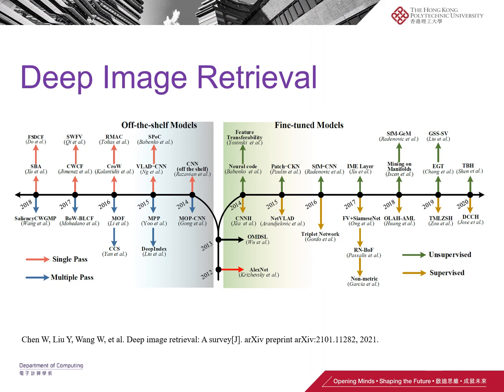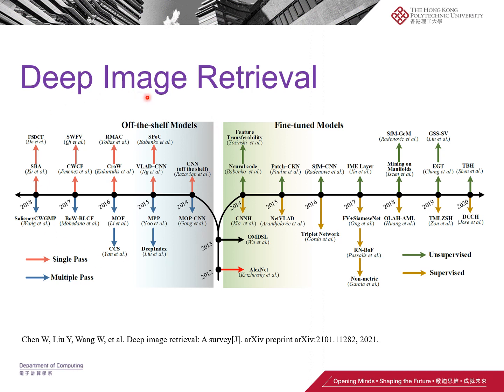And actually, due to the time limitation, we cannot introduce all the methods for deep image retrieval. There is a survey you can look at. Basically, as I have introduced, there are two groups of methods.